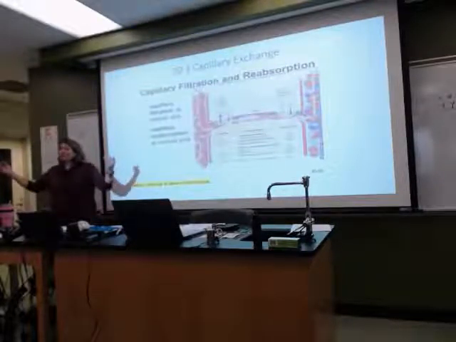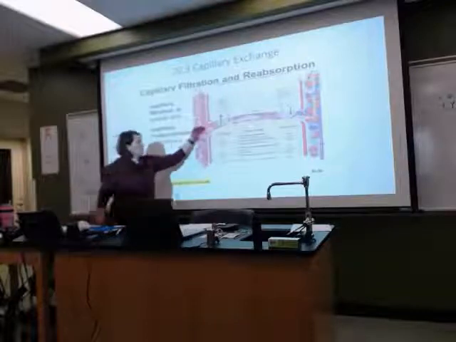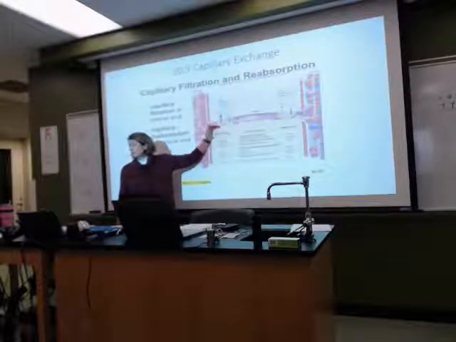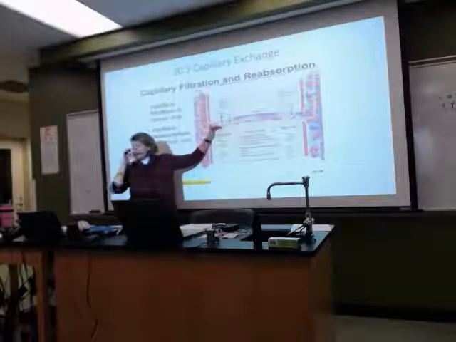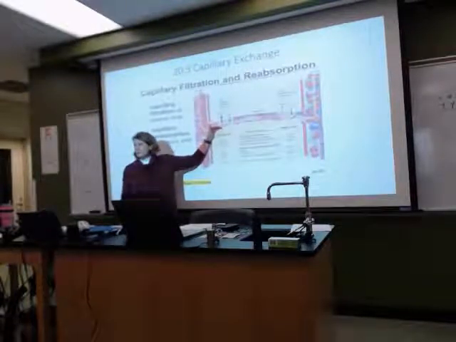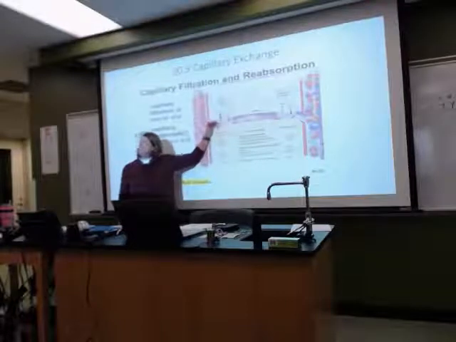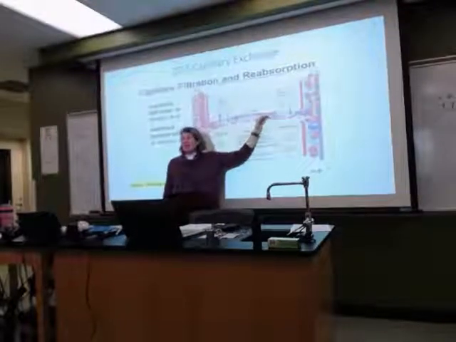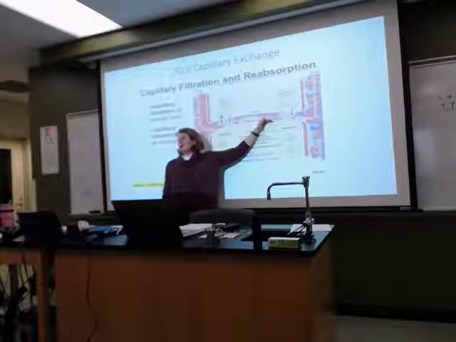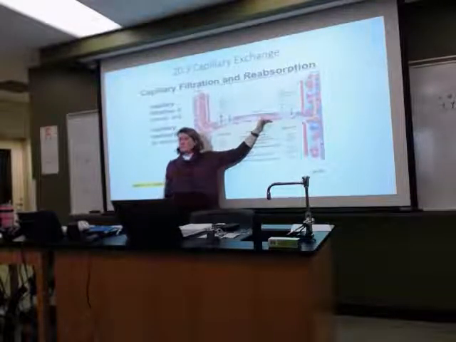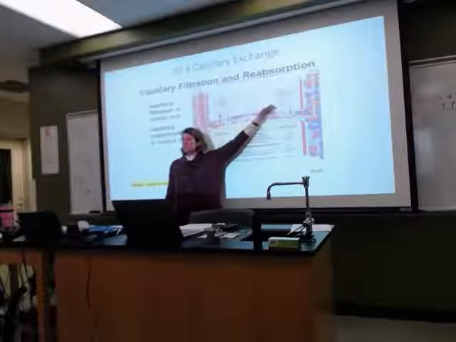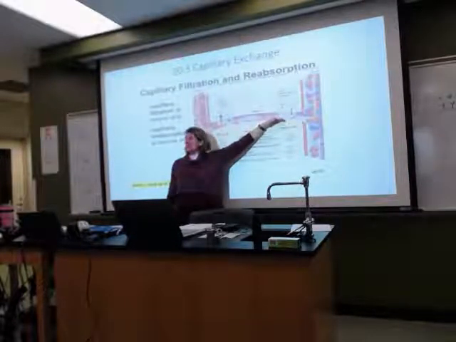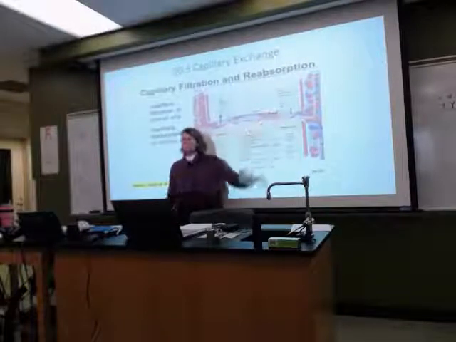Because my arterial blood is full of nutrients and has little waste, it stands to reason my nutrients move. My venous side is low in nutrients, therefore all the waste from the tissues needs to go somewhere, and it's low in the waste, so my waste gets to move in.